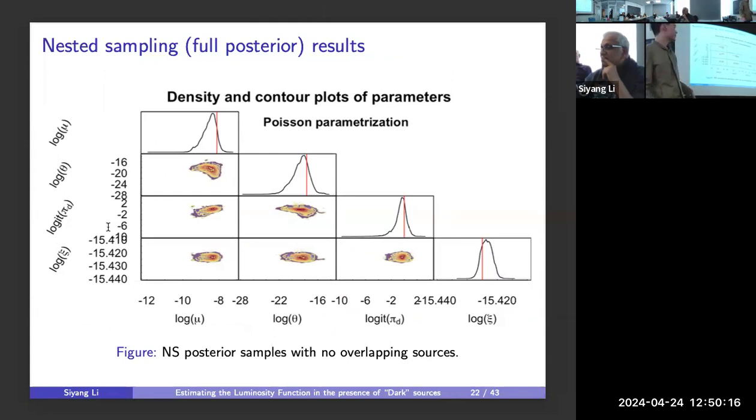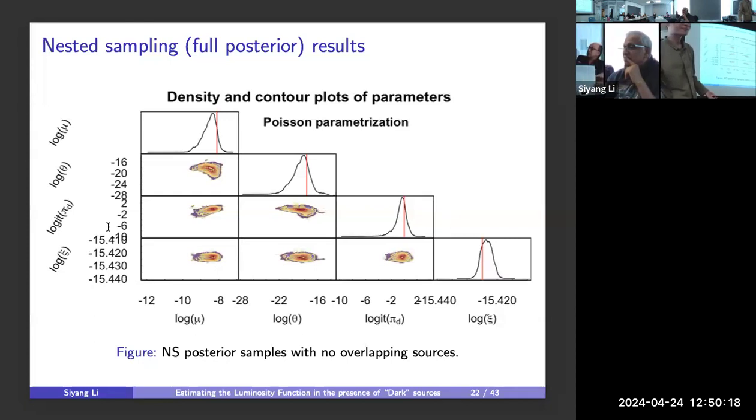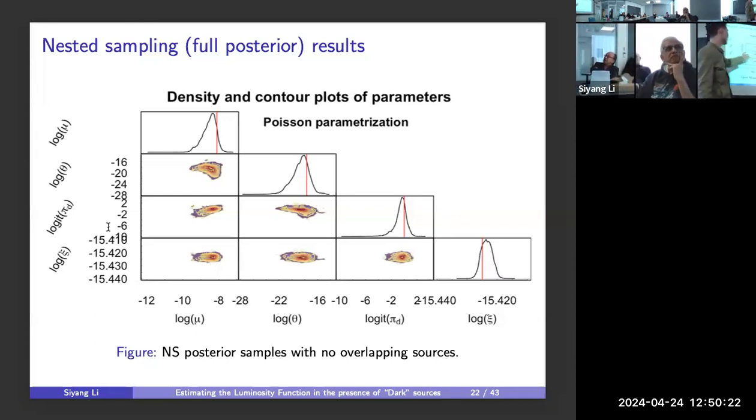These are the contour and density plots for the 4 parameters apart from the 10 source intensity parameters.